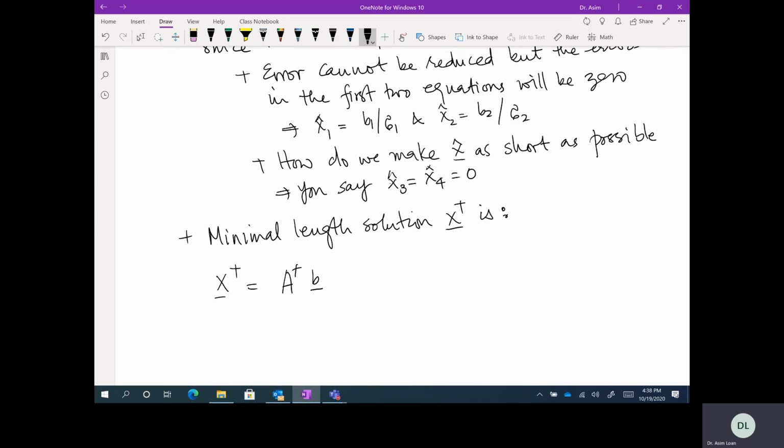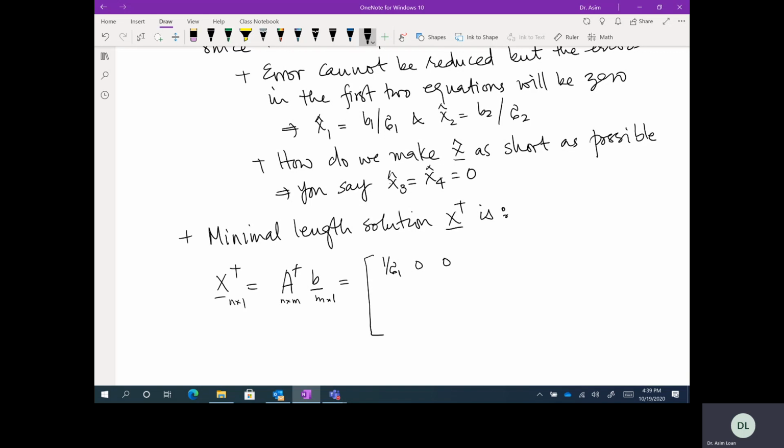And what is a pseudo inverse? A pseudo inverse is simply 1 over sigma 1, 0, 0, and so on. This should be n by m, and this is n by 1.